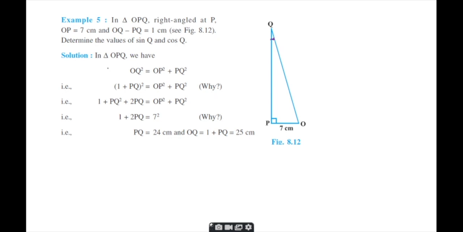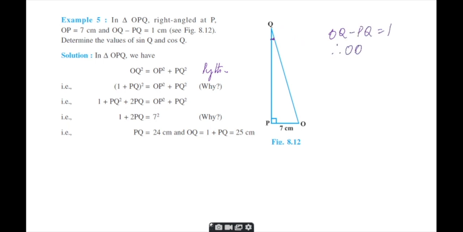So here it is shown in triangle OPQ, it is a right angle triangle. OQ square is equal to OP square plus PQ square by Pythagoras theorem. So instead of OQ, we can write 1 plus PQ. See, OQ minus PQ is equal to 1.